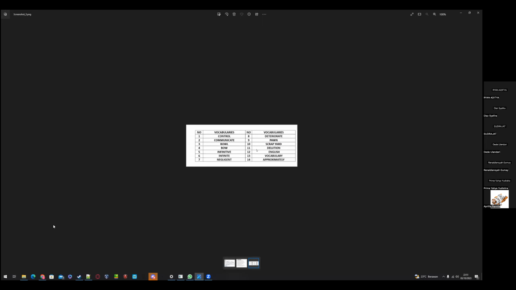Pound or pawn? I think it's pawn. So the W isn't pronounced clearly, it's only pawn.